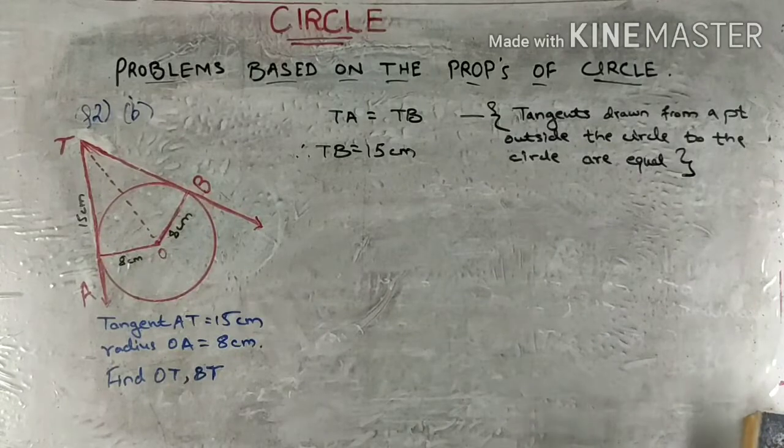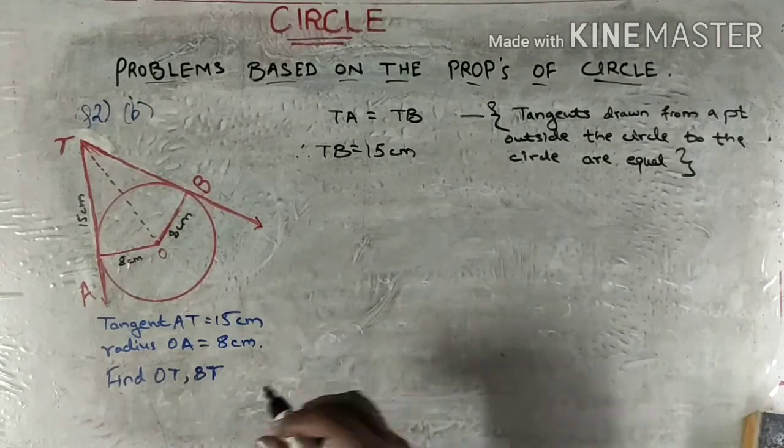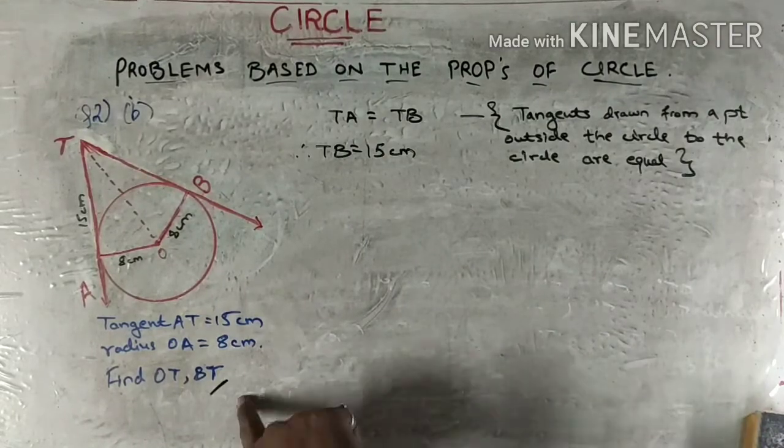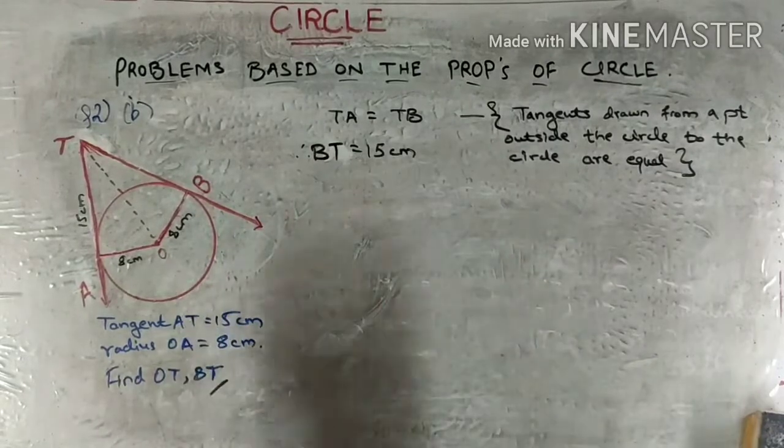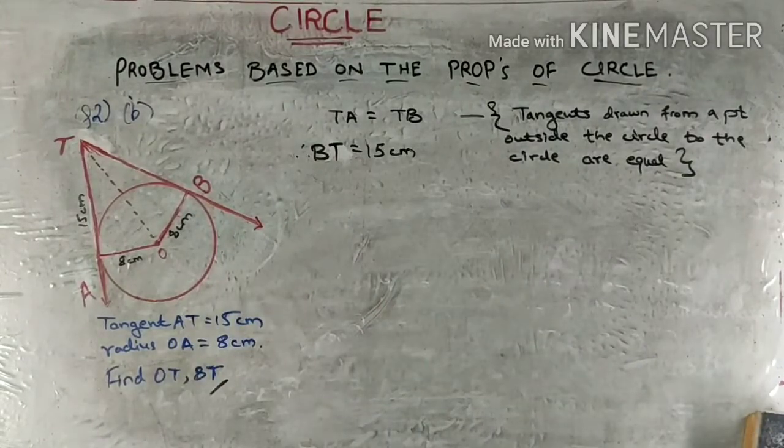So TA is equal to TB, which is equal to 15 centimeter, or TB or BT, whatever. It means the same thing. We are supposed to find BT or TB, whatever. I don't have any problem with that.